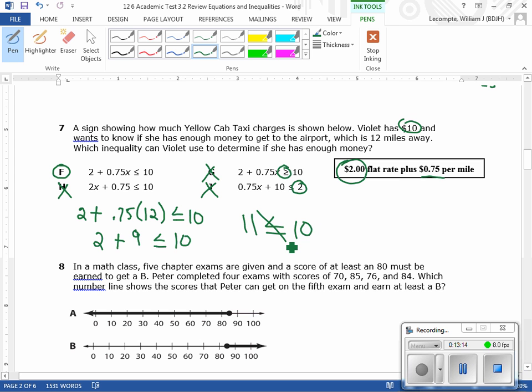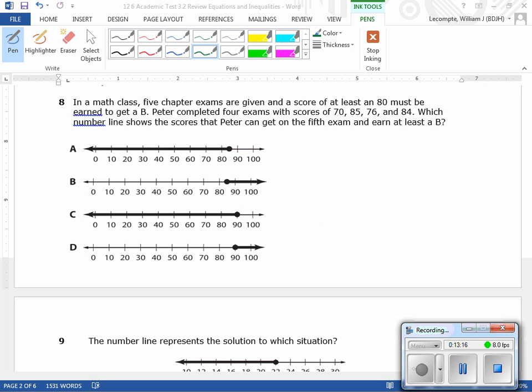All right, so number 8 says, in a math class, 5 chapter exams were given and a score of at least an 80 must be earned to get a B. Peter completed 4 exams with scores of 70, 85, 76, and 84. Which number line shows the scores that Peter can get on the 5th exam and earn at least a B?